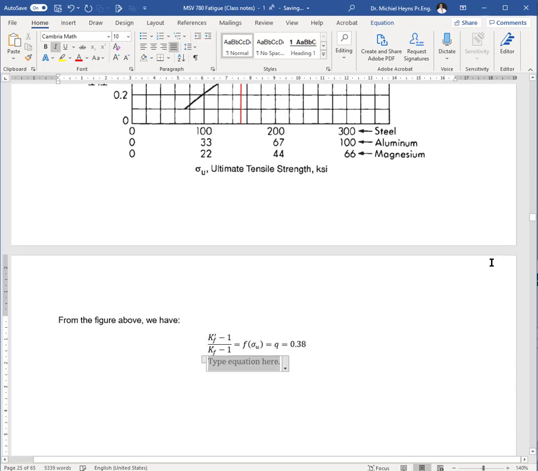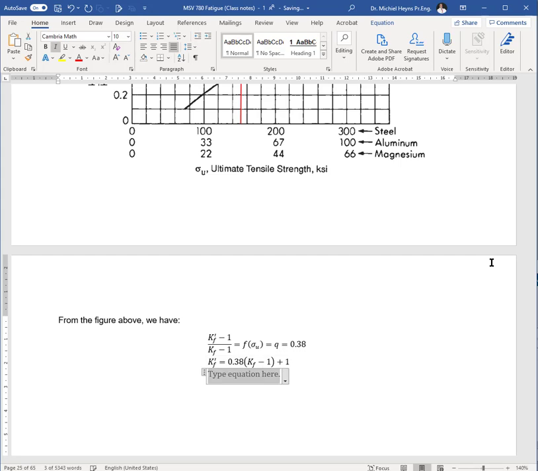So from this, we can say Kf accent is equal to 0.38 times Kf minus 1, plus 1.